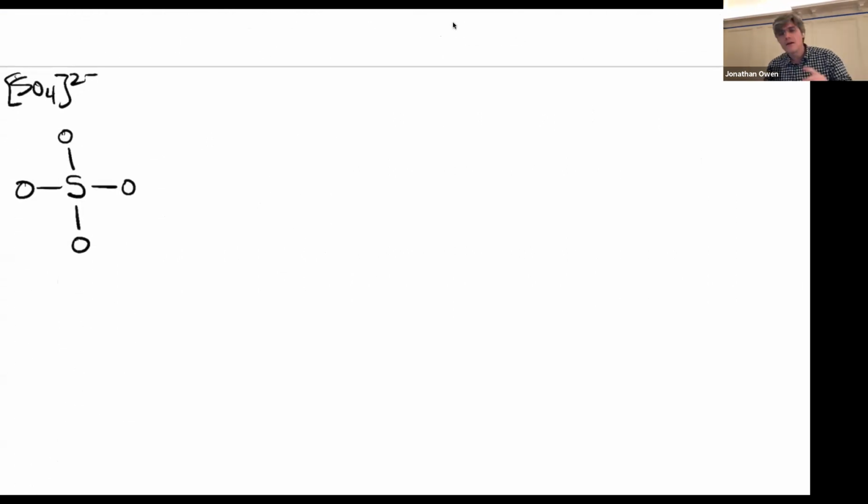All right, so I've got the valence of my sulfur filled. And I need to get to an octet here. So I'm going to put some lone pairs around these oxygens to get to my octet. Right. And now I need to add some formal charges.